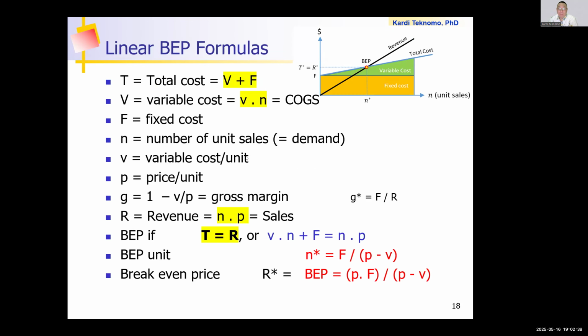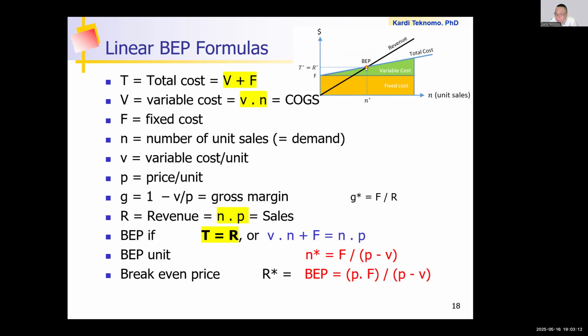So total cost is the variable cost plus fixed cost. This yellow part here is called fixed cost, and the horizontal axis is the number of sales or the volume. The vertical axis is the cost or the revenue. The green part here is the variable cost, the blue line is the total cost, and the black line is the revenue.